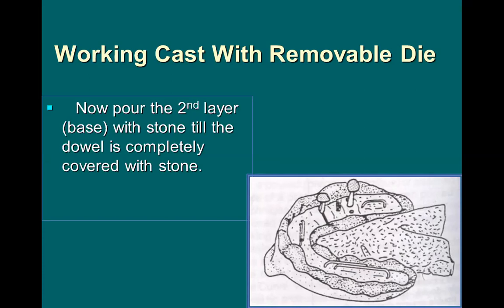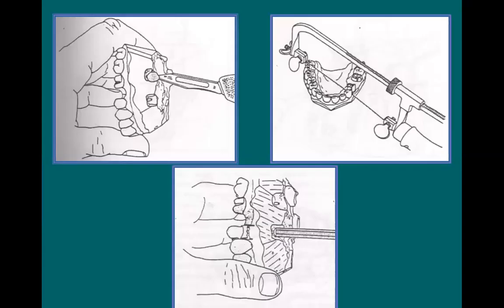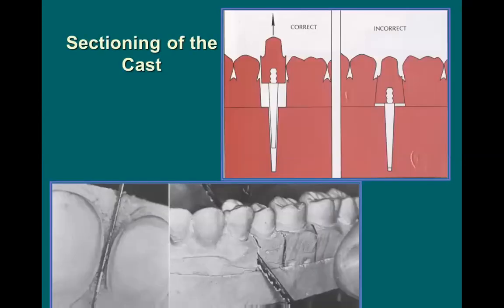When the second pour is set hard and set completely, we are going to trim the impression with a trimmer to remove the excess of stone, and then we do separation or sectioning of the cast to separate or remove the die from the original cast. You can see that the sectioning is done in a parallel way to make it easy for the die to be removed.